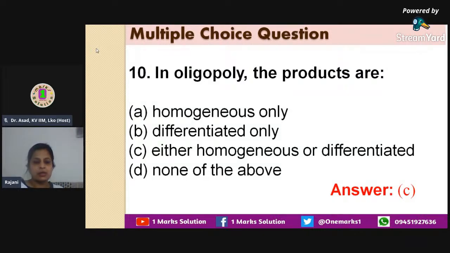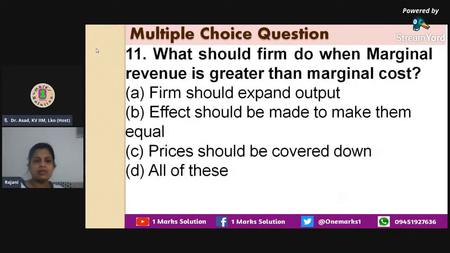Okay, coming to the 11th question: what should a firm do when marginal revenue is greater than marginal cost? What is the meaning of the question? The additional revenue earned from an extra unit of sale is greater than the additional cost, so revenue is more.